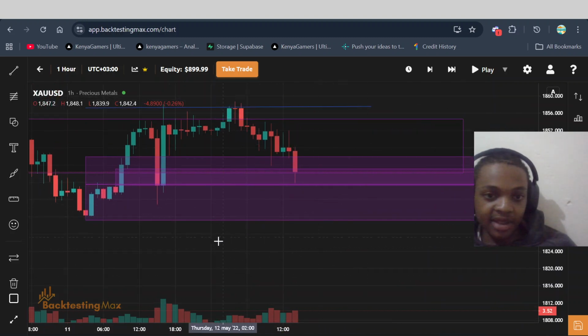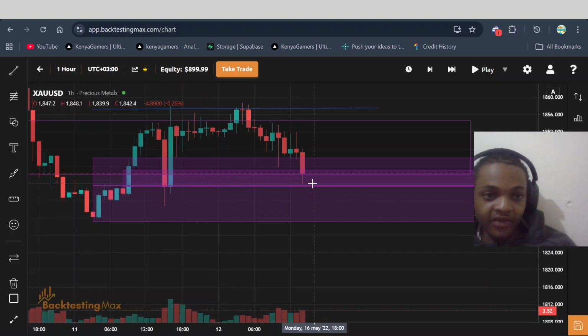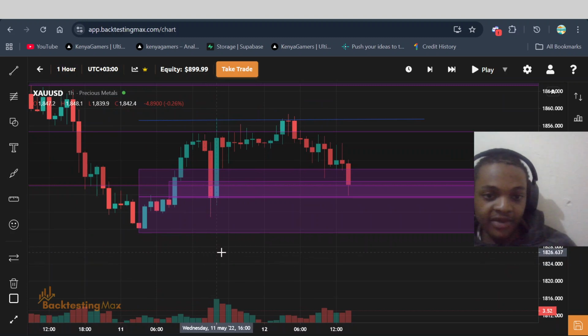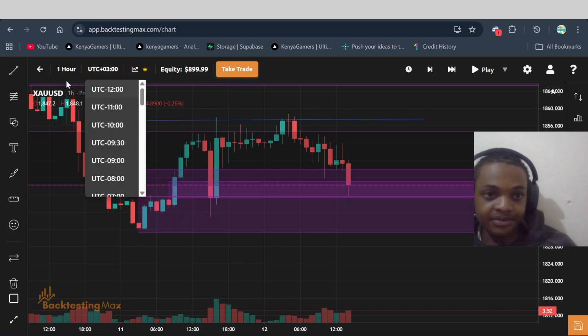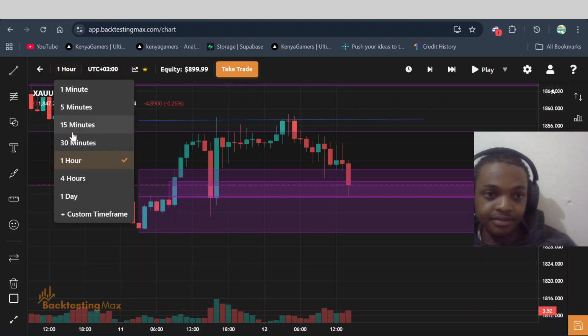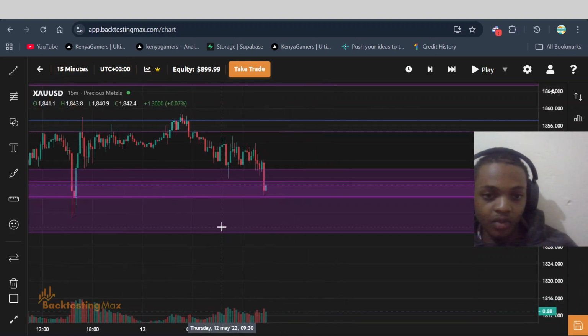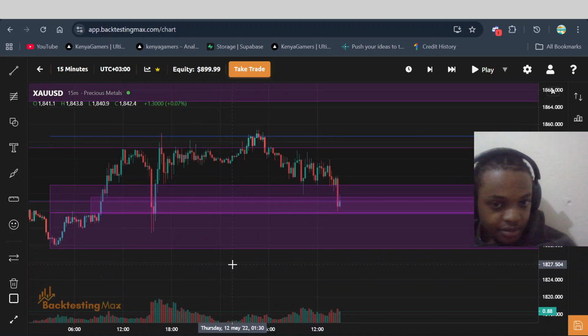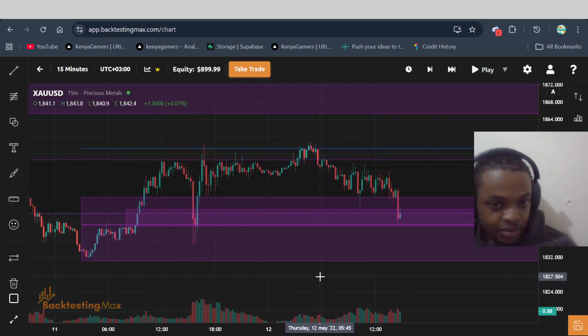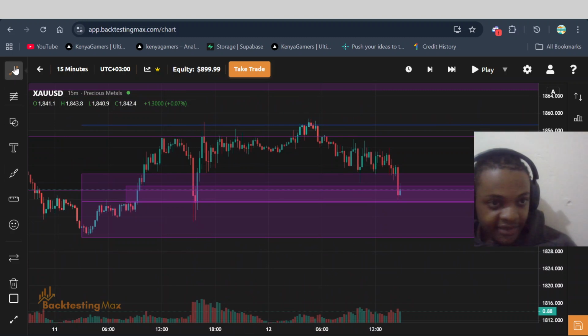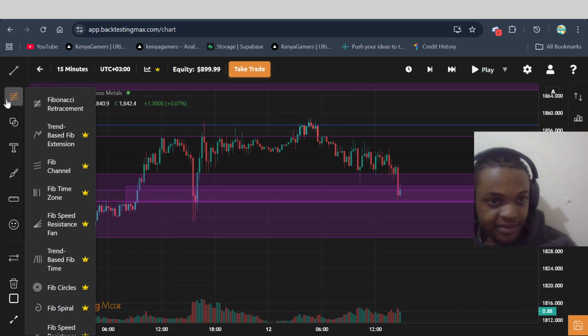Price might jump from there. So we have a 1 hour fair value gap. We have a change of character. Probably in the next, let's see. Yeah, this is definitely a change of character.